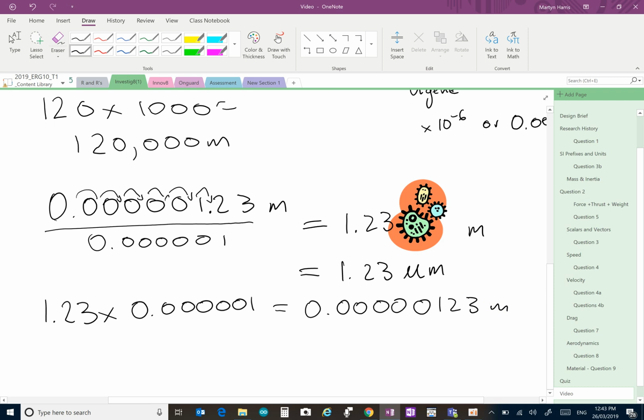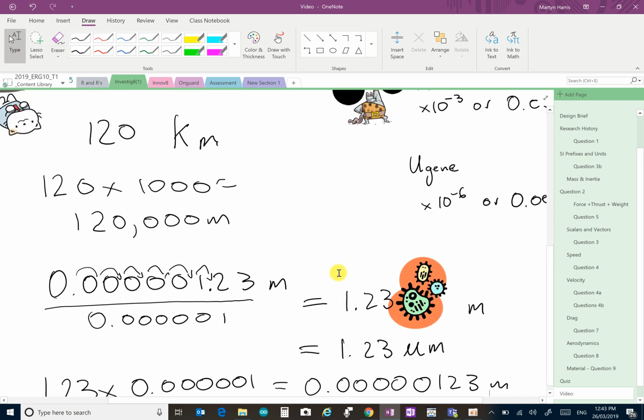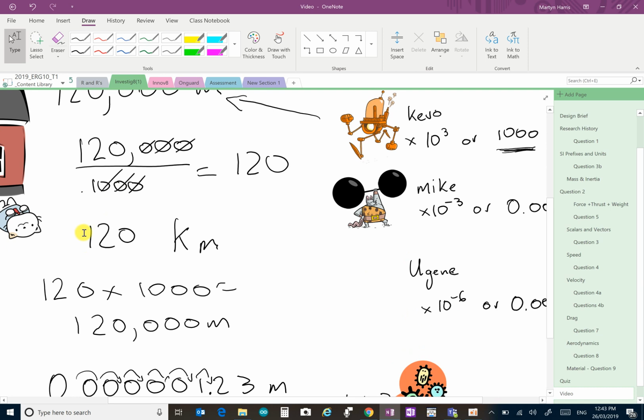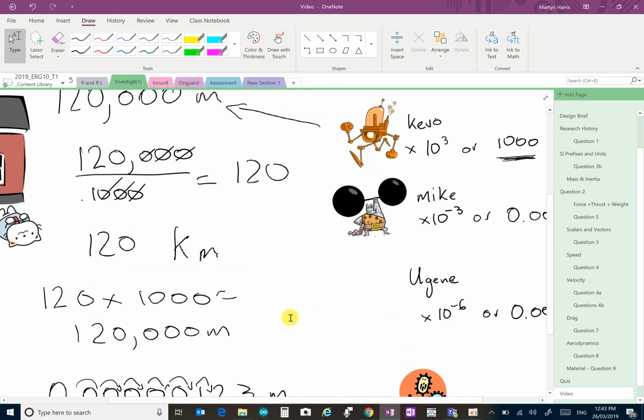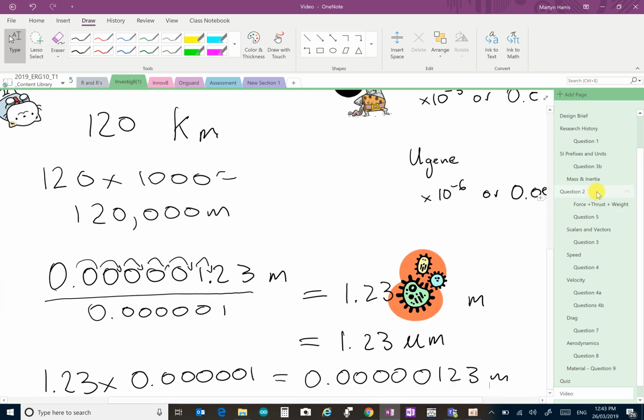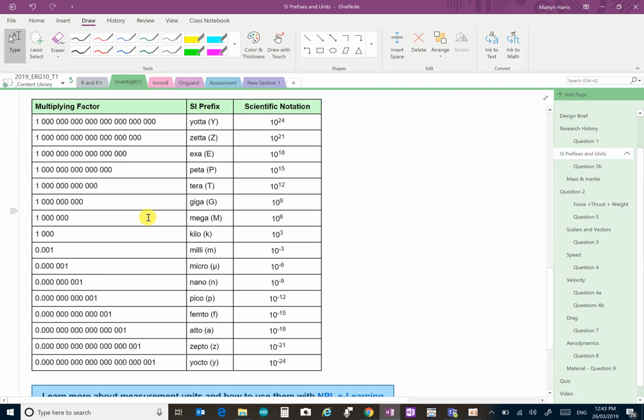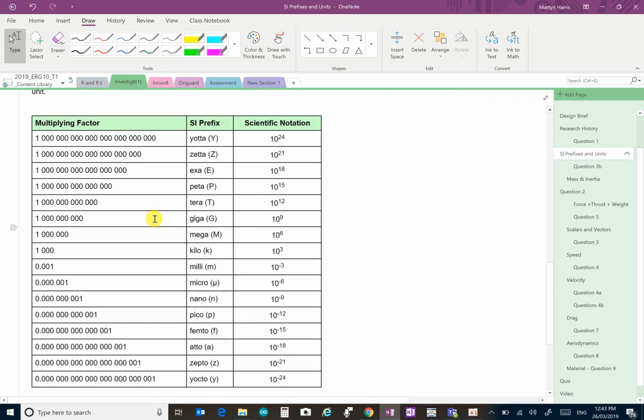So we can use these prefixes to actually simplify the number. You can see that this number is a lot easier to write than this massive number here. We can see that 120 kilometers is a lot simpler than writing 120,000 meters. So we can use those concepts with our prefixes now to simplify our numbers.